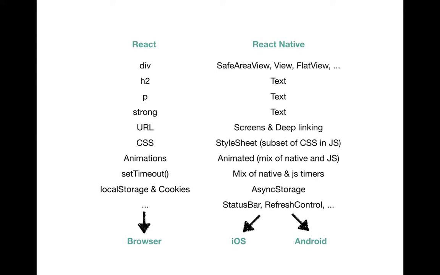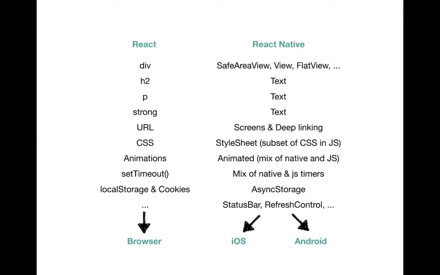But in fact, it's not possible to port entire CSS into both mobile platforms, because what React Native needs to do is pick every CSS property and map it to corresponding behavior or look and feel in both platforms. And both platforms are different, so in some cases, it's just not possible.